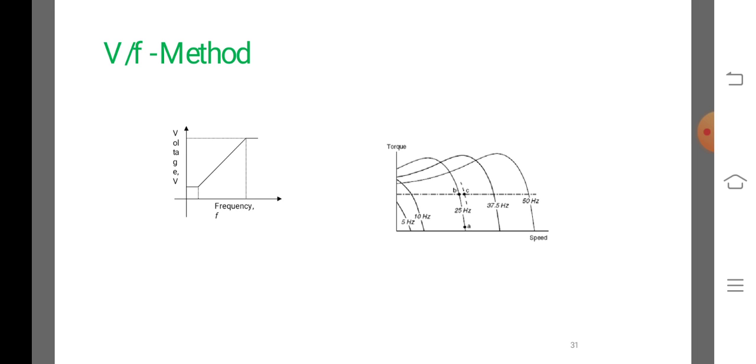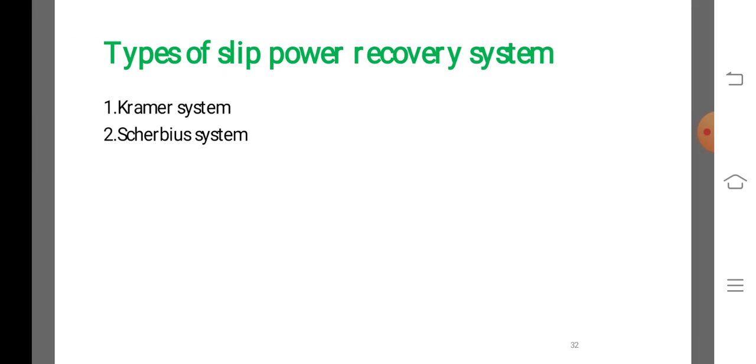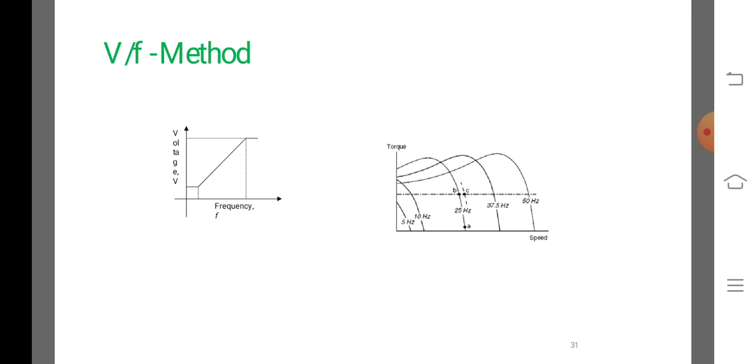So for an induction motor, the EMF equation is E1 equal to 4.44 k, that is the factor, K_w, N_ph, F, phi_r. V is the stator supply voltage, K_w the stator winding factor, N_ph the stator series turns per phase, F the stator supply frequency, phi_r the resultant air gap flux per phase, E1 the stator induced EMF per phase.